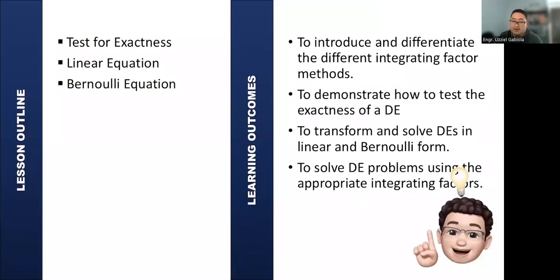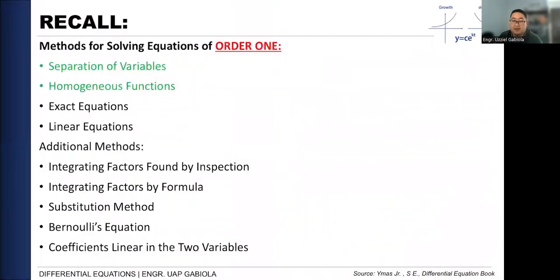And then to solve differential equation problems using the appropriate integrating factor method among the three we will discuss. To recall, we already finished two methods, which are separation of variables and homogeneous functions. Today, we will discuss exact equation, linear equation, and one of our additional methods, the Bernoulli equation.